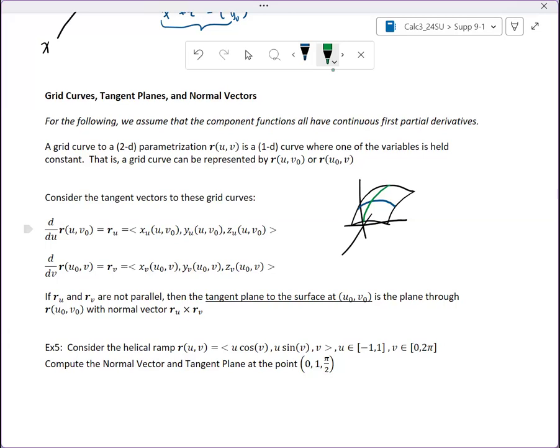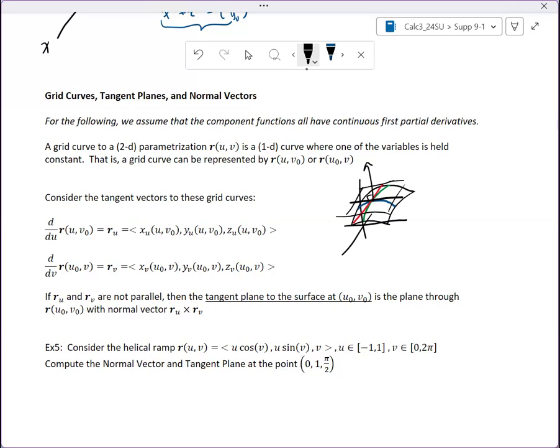And then we can consider the tangent vectors to these grid curves. There's a tangent vector to the green one, and I suppose I've run out of colors, but a tangent vector to the blue curve. And then, of course, these two vectors can trace out a tangent plane with a normal vector to this surface.